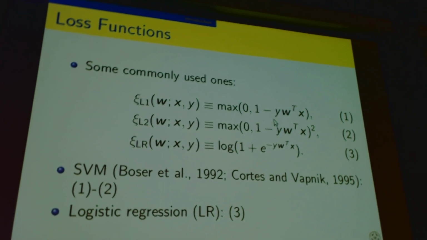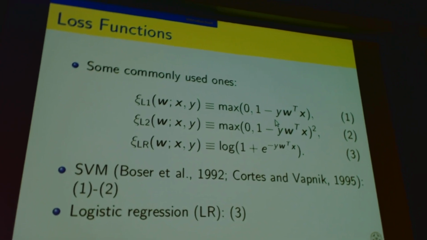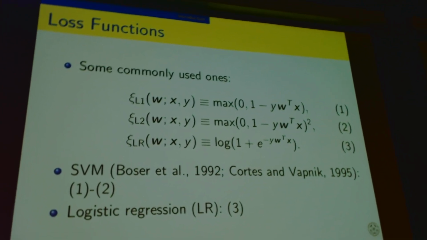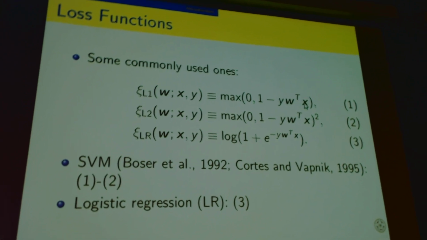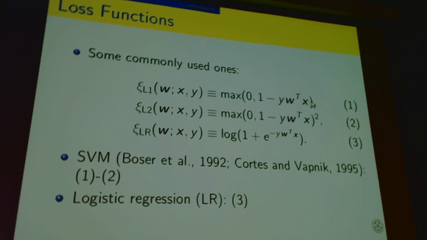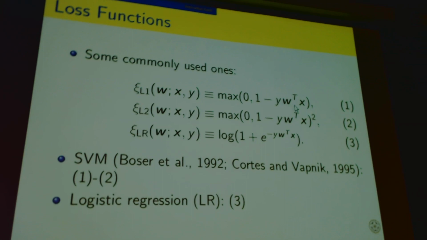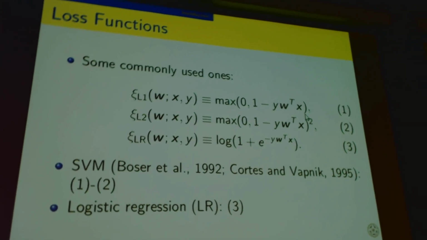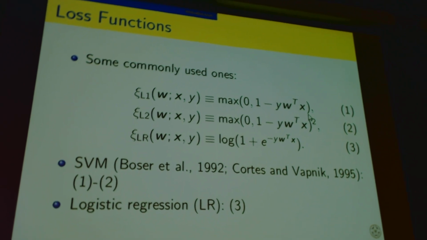But notice that my formulation here is slightly different from the standard way people talk about support vector machines. Because in general, for historical reasons, people put a bias term, so the decision function is W transpose x plus b. But in a high dimensional case, such a bias term may not be needed.